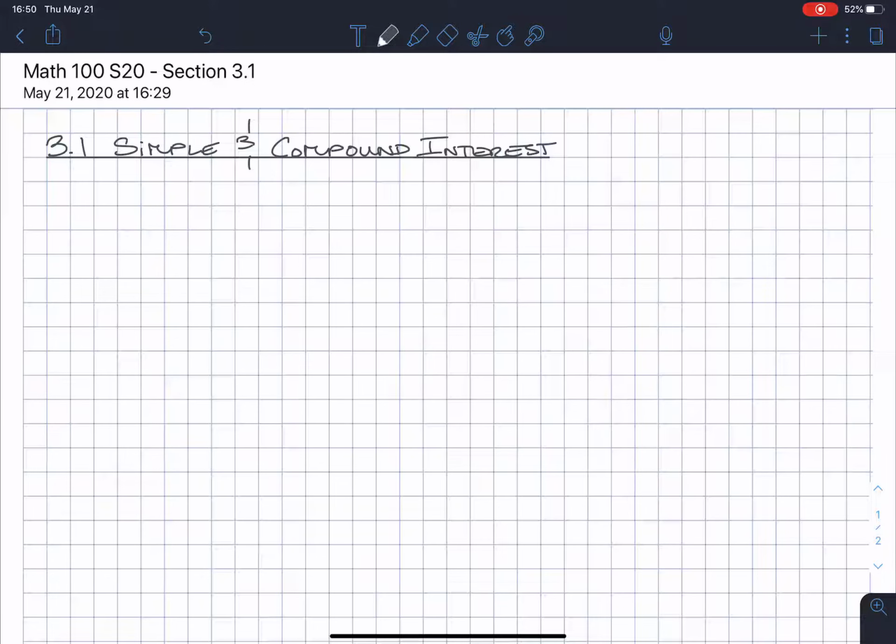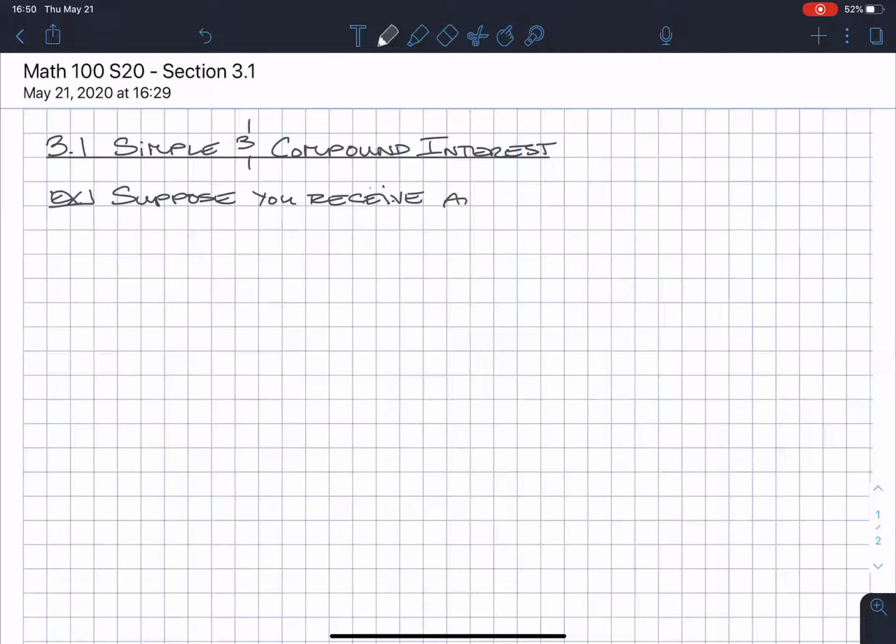Okay, so let's do an example. For example, suppose you receive, I before E except after C, receive. Does that look better?